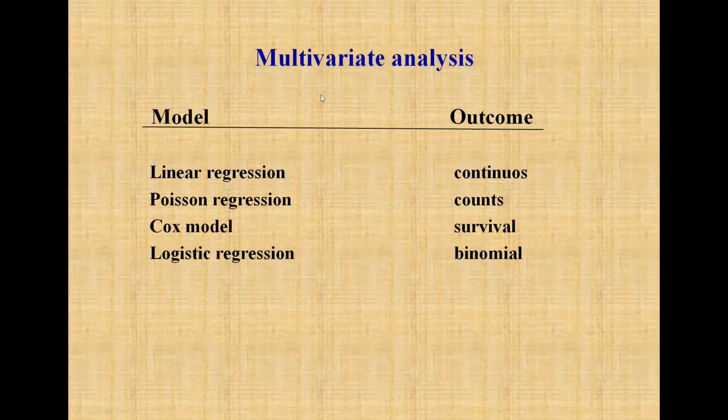Multivariate analysis. These are the various regression techniques apart from linear regression. Linear regression requires continuous data. Poisson regression is a kind of regression where the dependent variable follows the Poisson distribution. The Poisson distribution is made for discrete data, or you can say count data.